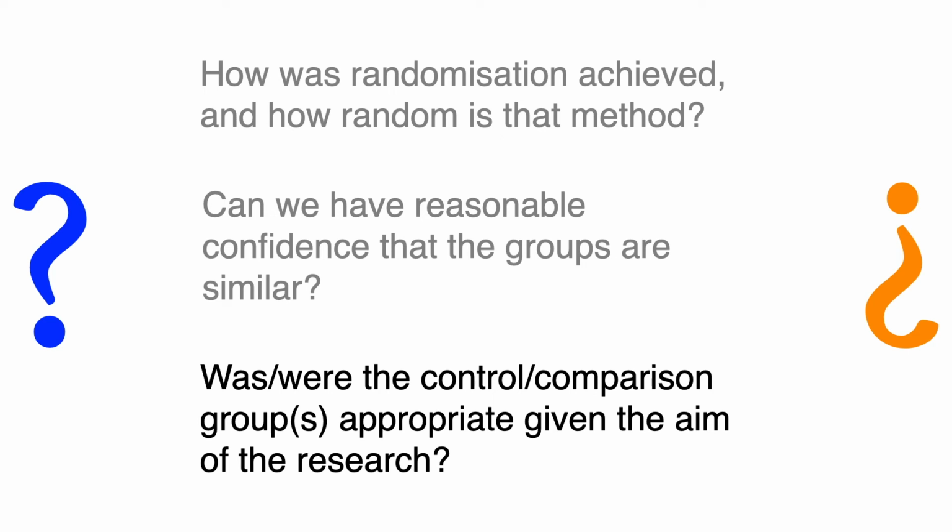If the standard of care in a country is a given treatment, and someone wants to find out if something else can be effective, rather than working out if that new intervention is better than nothing or a placebo, it would generally make sense to compare it to what is already being done so that we can find out, is it as good? Is it better? Is it not as good? And potentially, is it not even effective? So again, it depends a lot on the question being asked.